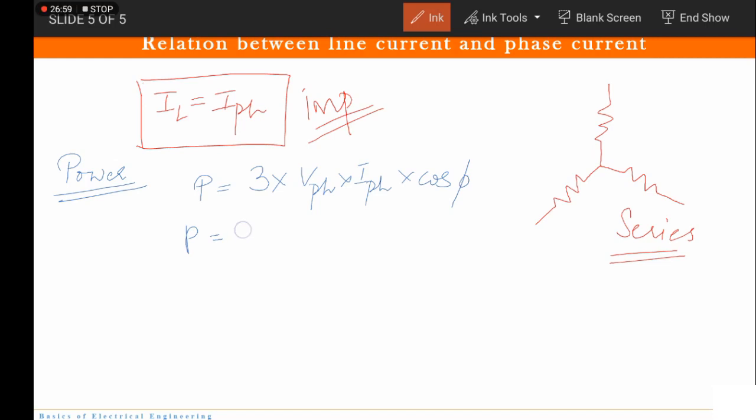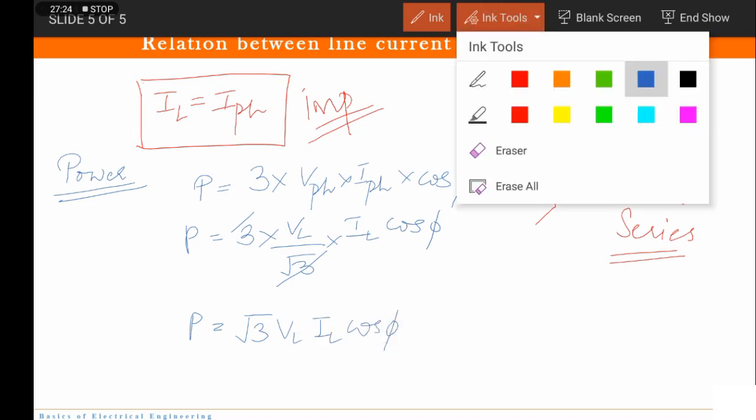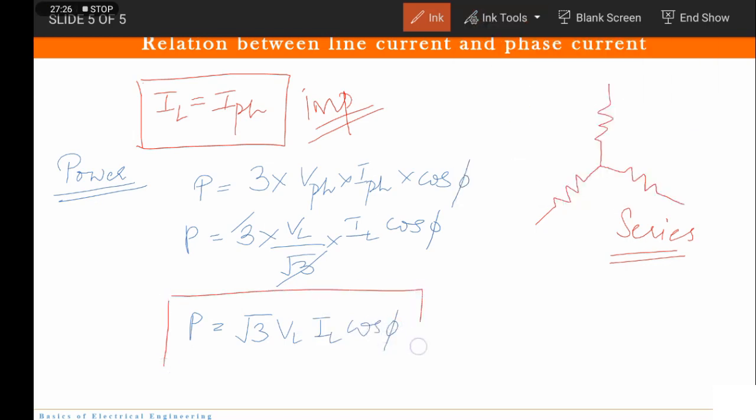So I get 3 into VL by √3 into IL cos phi. So this √3 gets cancelled by this, so we get power is equal to √3 times VL IL cos phi. This is again important.